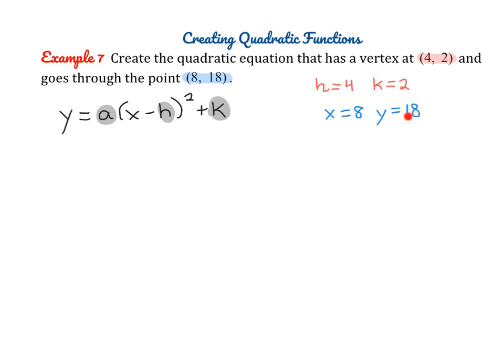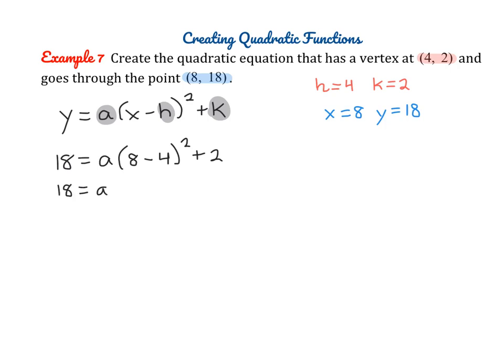So in place of y, we're going to put 18 equals a, which we don't know, times, and then in place of x, we're going to put 8, and then we have minus 4 squared plus 2, and this will allow us to solve for a. So we just need to make sure to follow our order of operations here.